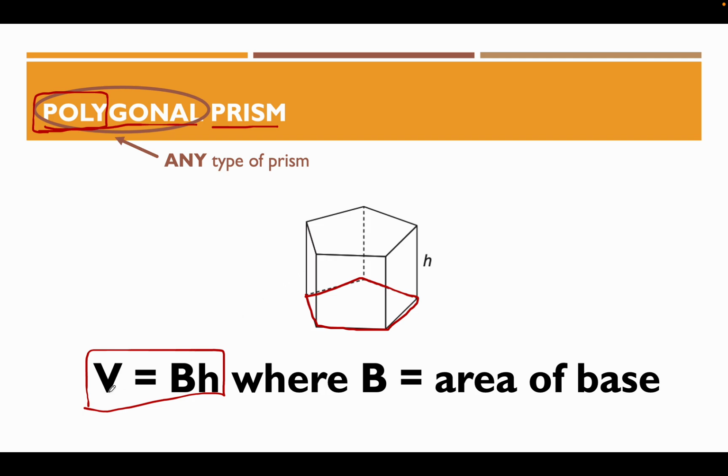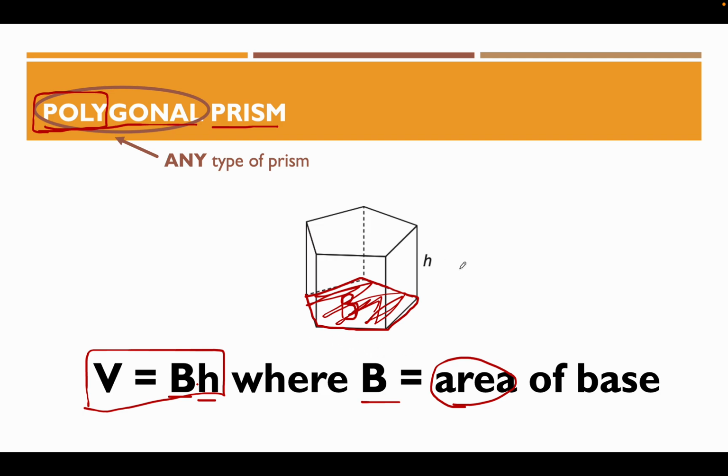So the formula is V equals capital B times H, where capital B is the area of the base. So for example, in the pentagonal prism, the capital B would be the area of that pentagon on the bottom.